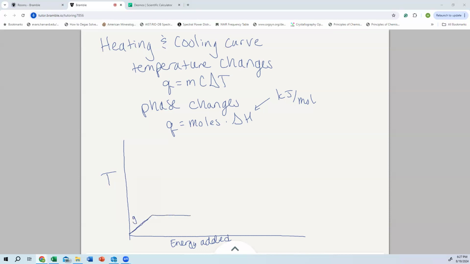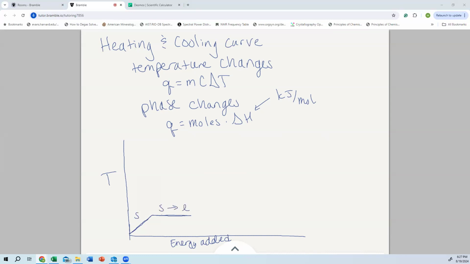This plateau is when we go from a gas state to a liquid state. Oh, I'm so sorry. I am messing this up. This is starting at a solid. This is a solid, and this is going to go from our solid to our liquid.